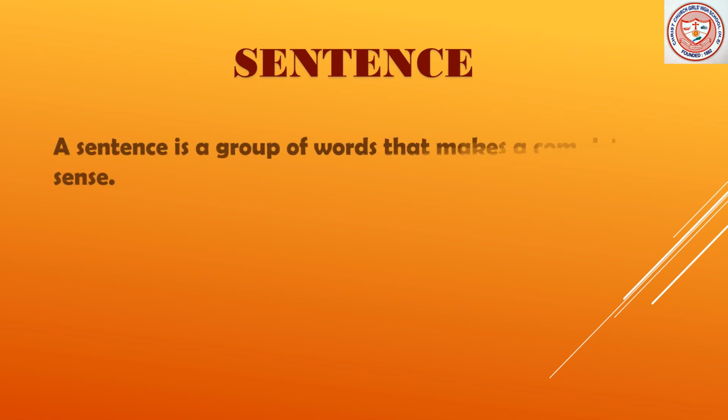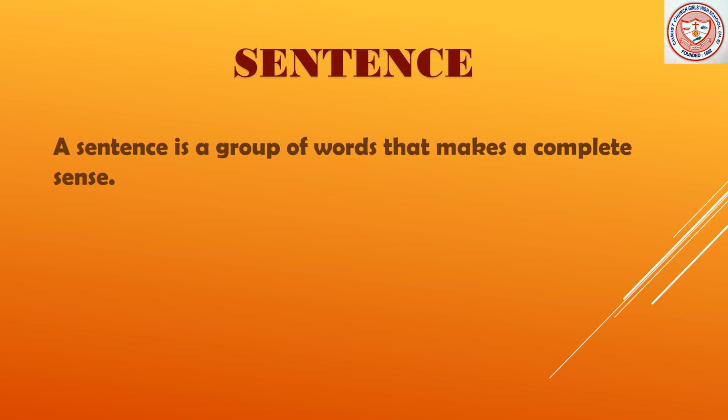A sentence is a group of words that makes a complete sense. So, what is it? A combination or group of words that gives a complete meaning, thought, or idea is called a sentence.